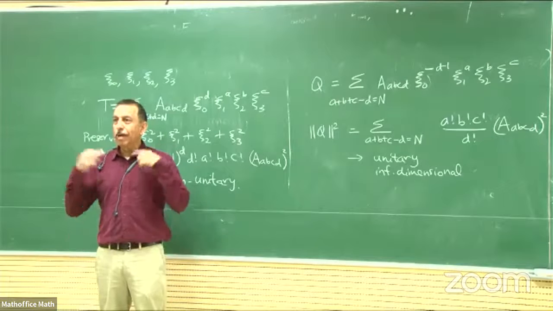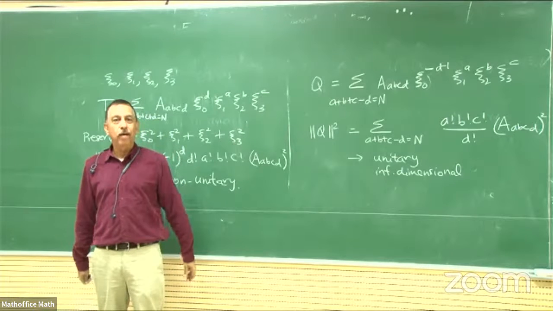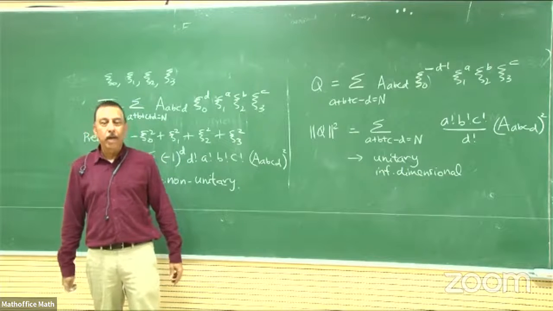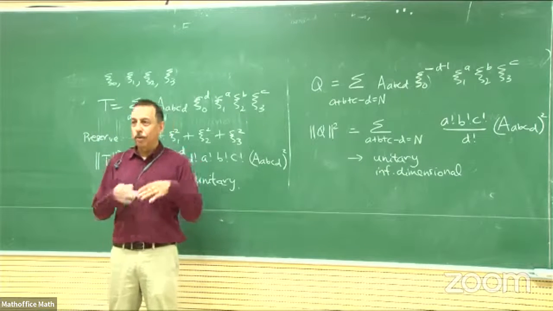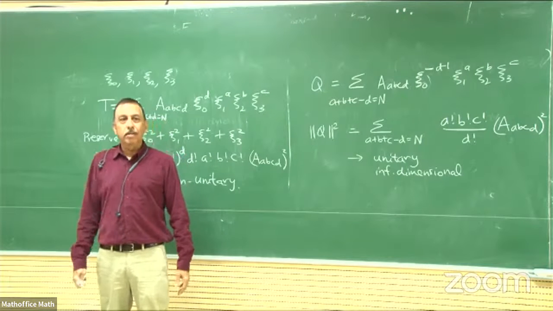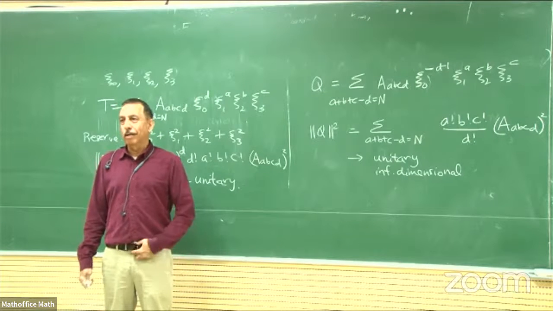He made a goal higher than that for himself, to classify the irreducible representations. Okay, and on the way to that goal, introducing expinors was nice, and he did that also. But it's maybe not the most central part of the paper.